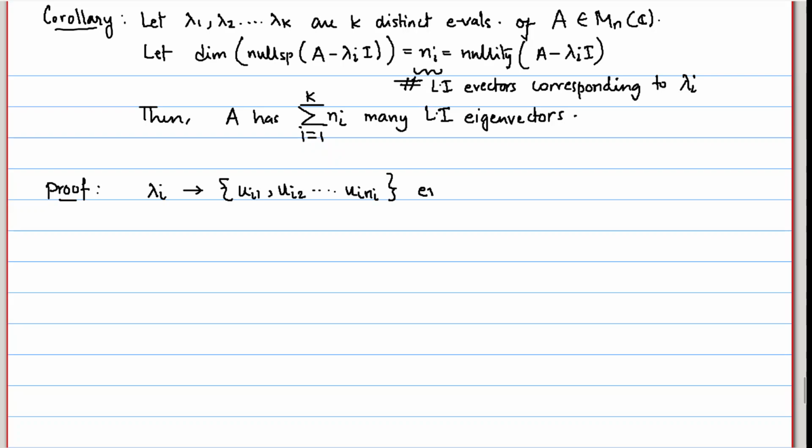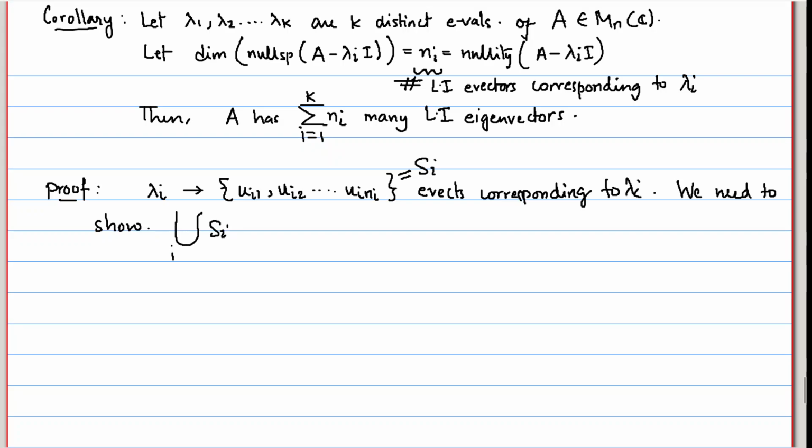Suppose these are the eigenvectors corresponding to lambda_i. Let's call this set S_i. What we need to show is that the union of all S_i, i running from 1 to k, is linearly independent.